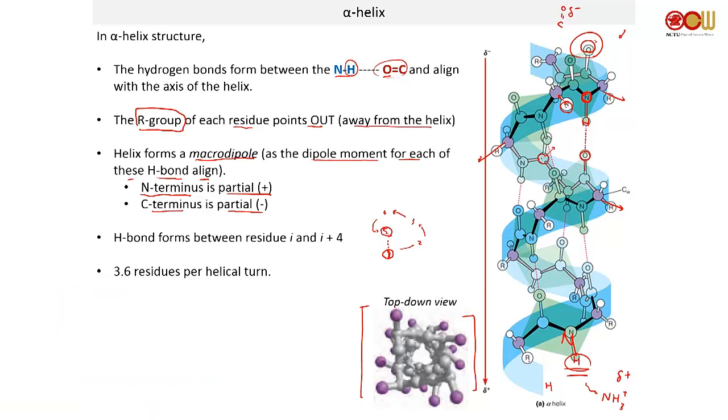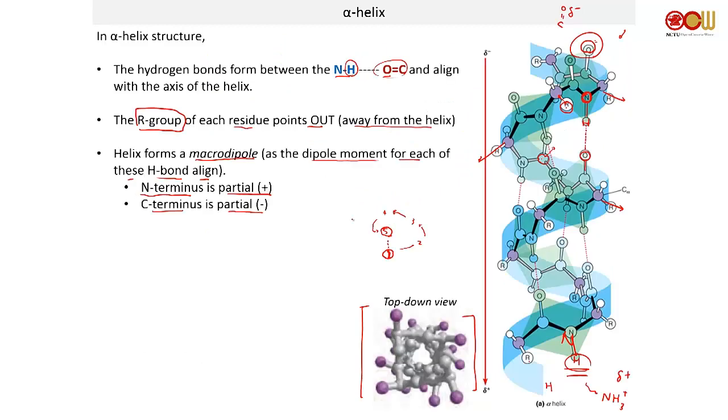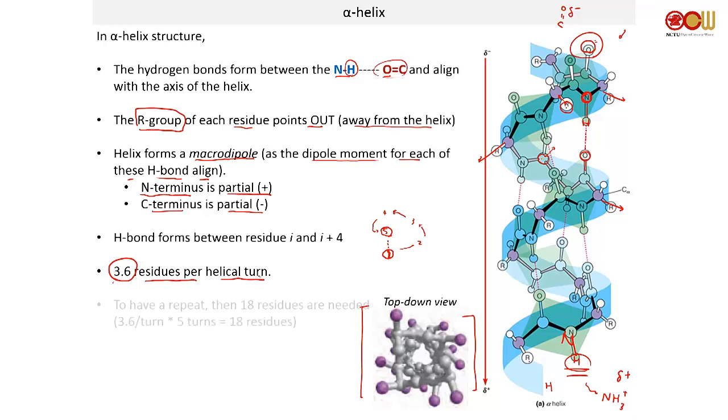For each turn, unlike an ideal helix where you have integer numbers, alpha helix does not have an integer number of residues per turn. It turns out it has about 3.6 residues per helical turn. I'll show you essentially what that means.